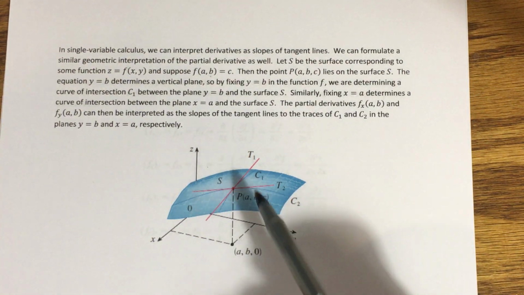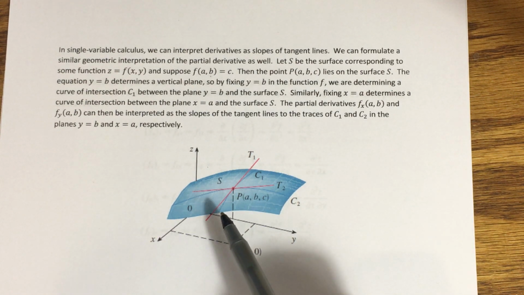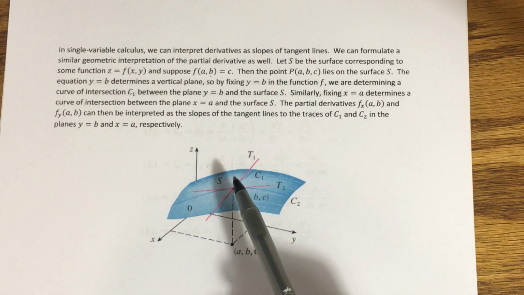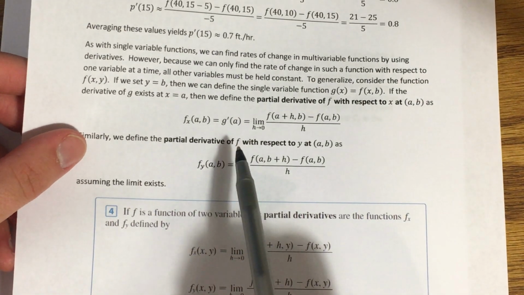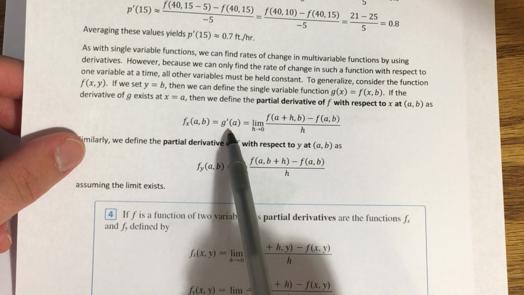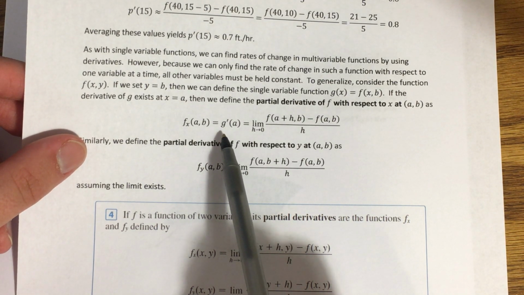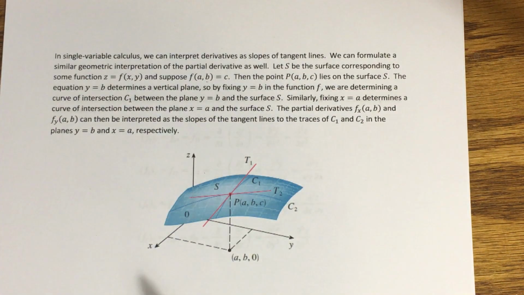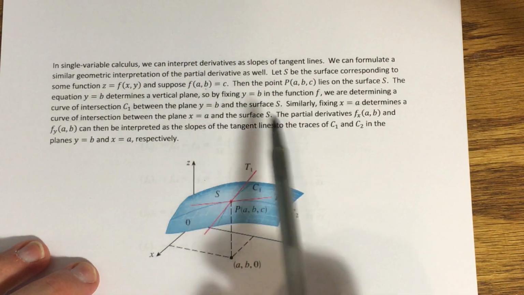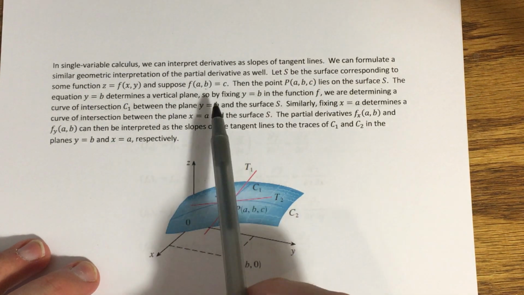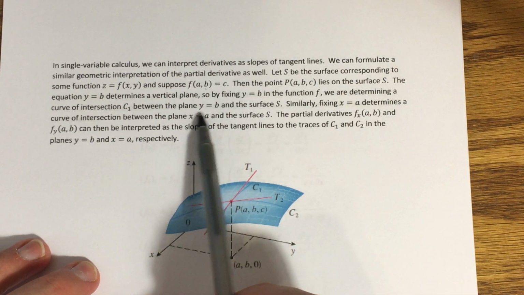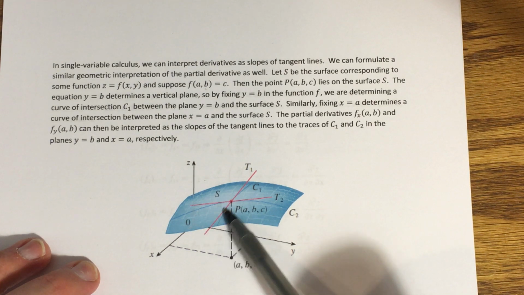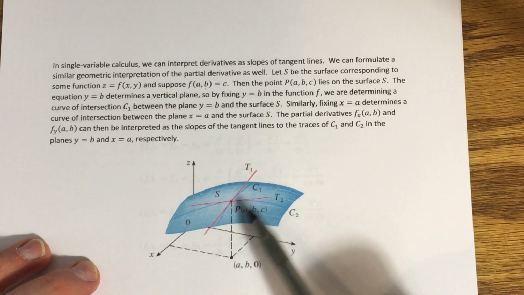Okay? Now, the way that we defined the derivative, in fact, I'll go back there. Over here, by holding one variable constant, we were reducing this down to a single variable derivative. And so the same interpretation holds. The partial derivative of f with respect to x, which is when we would hold y constant, specifically when y is equal to b, would represent the slope of this tangent line right here, which is being called T1.